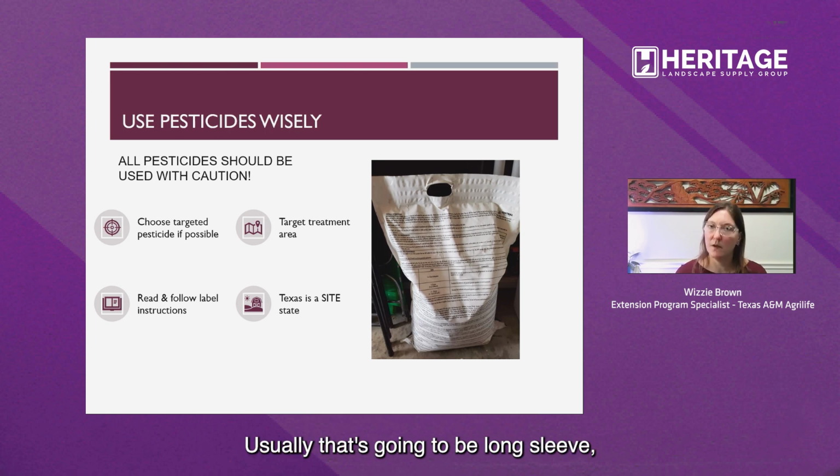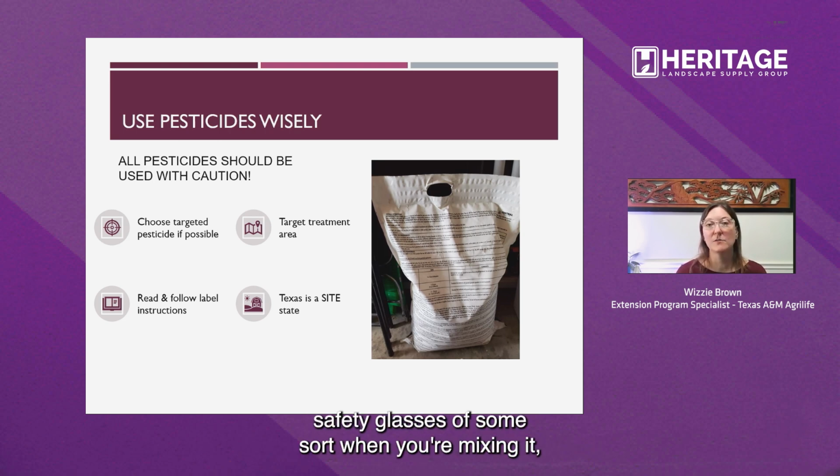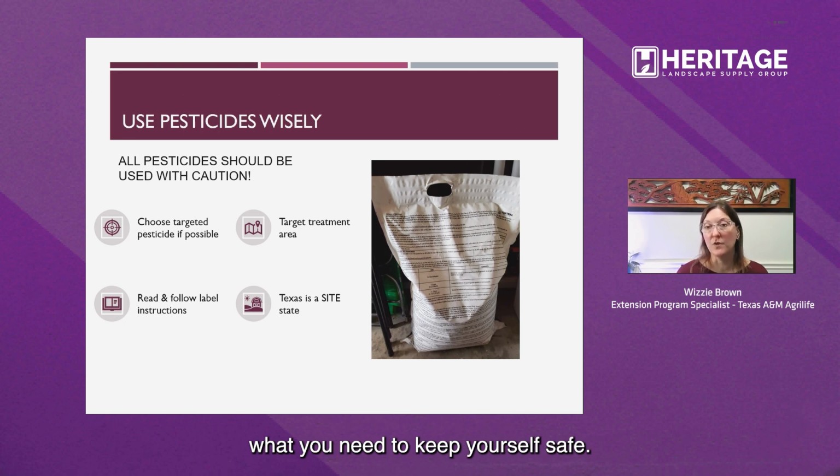Usually that's going to be long sleeves, long pants, possibly safety glasses of some sort when you're mixing it. Make sure that you have pesticide resistant boots. You might want to wear pesticide resistant gloves. So just, again, check that label and figure out what you need to keep yourself safe.